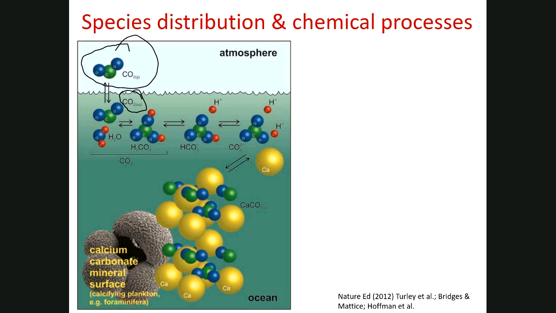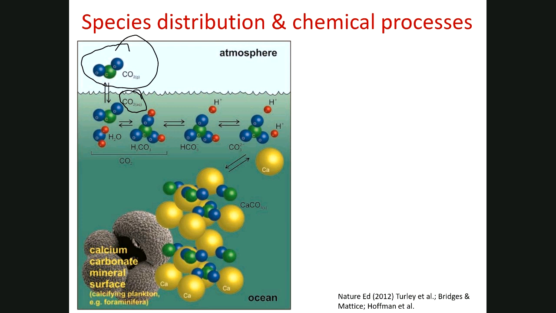That's an equilibrium: a certain amount of CO2 stays in gas form, and a certain amount of CO2 will dissolve in water, will be in aqueous form, and that is determined by what we call equilibrium constants. Some gases will be more or less soluble in water depending on their structure, and we will look a little bit into those aspects.